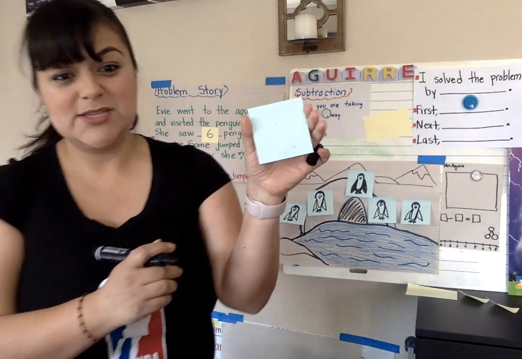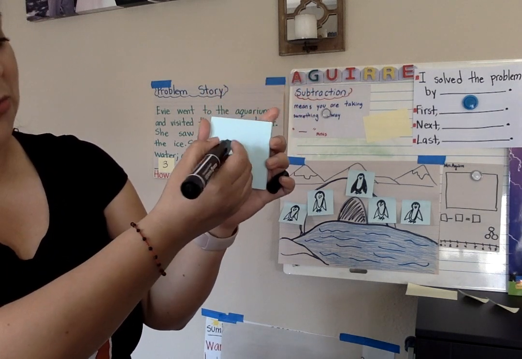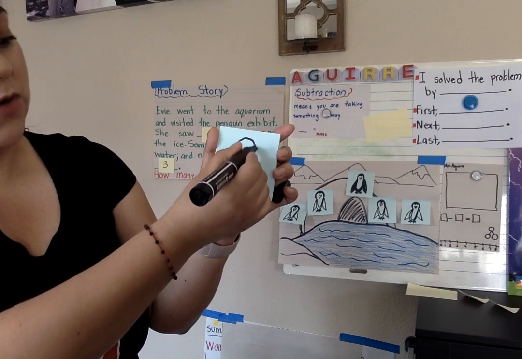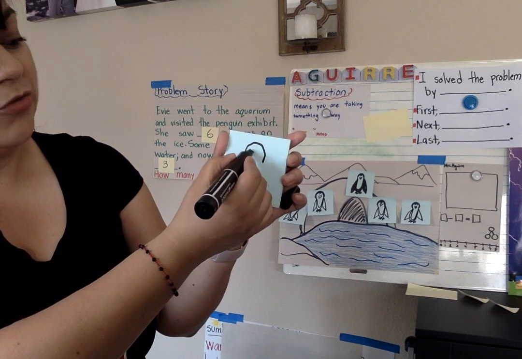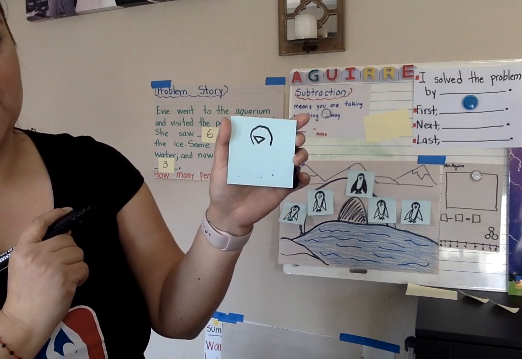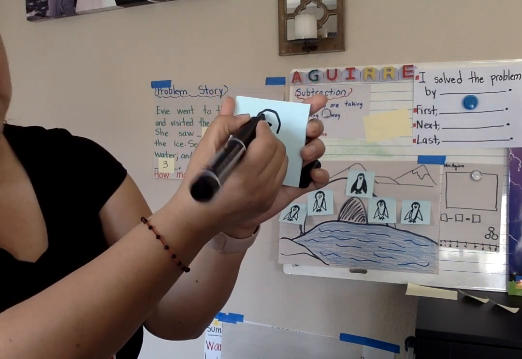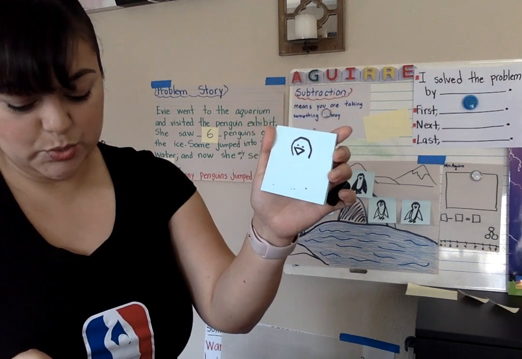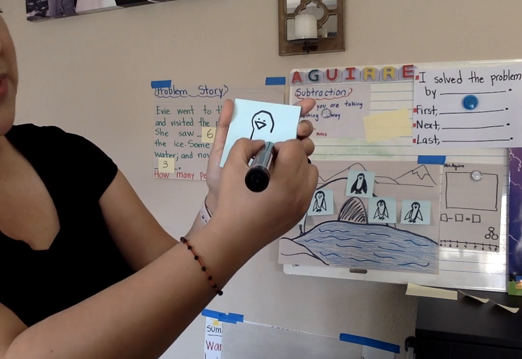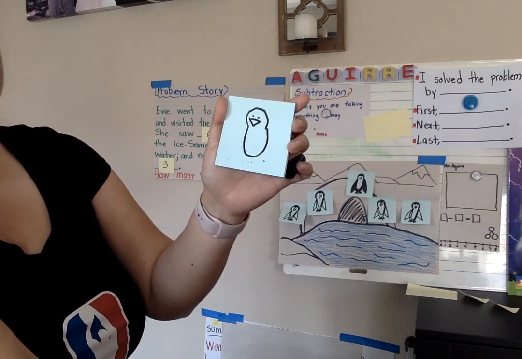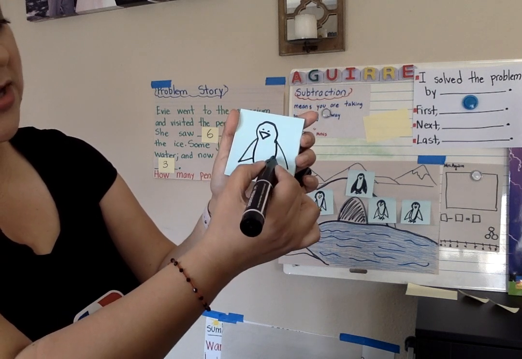Now, I'm doing it so I can show you how to draw a little penguin, or at least try your best to draw a penguin. So you do a curvy line, like an N. And then I do a triangle. That will be the beak of the penguin. Then I do the penguin's eyes. I just make 2 dots. Next, I make the penguin's belly. So I did like a letter U. And then his wings.